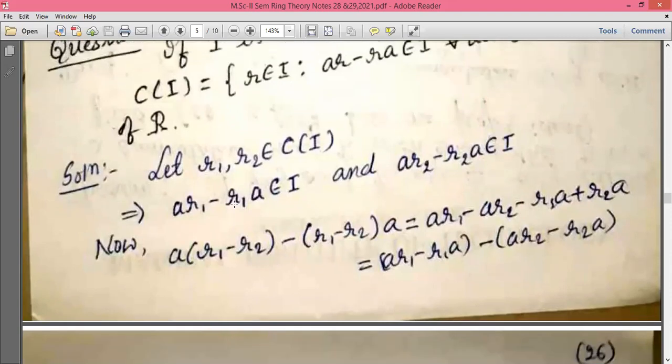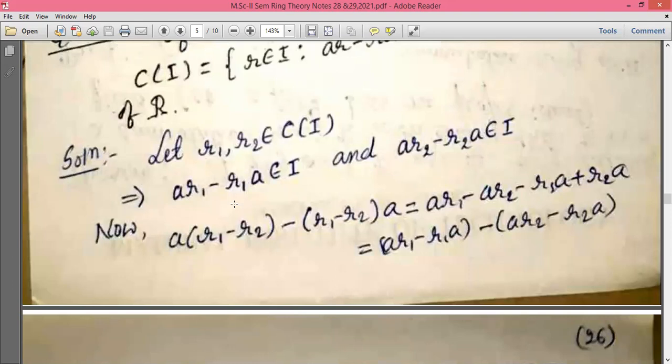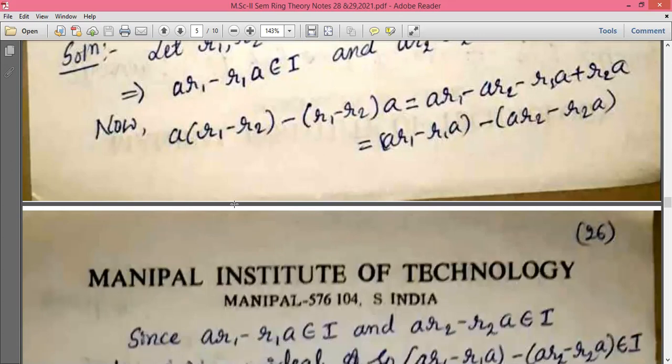Now in order to prove that, let us take R1 and R2 as elements of C(I). That means AR1 minus R1A is a member of I, and AR2 minus R2A is also a member of I. So we need to prove the first condition of subring.